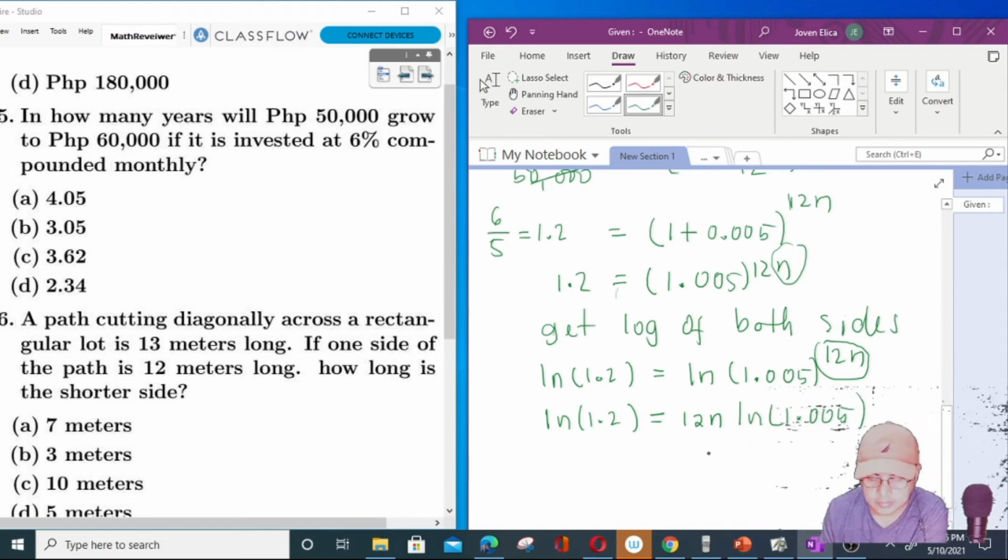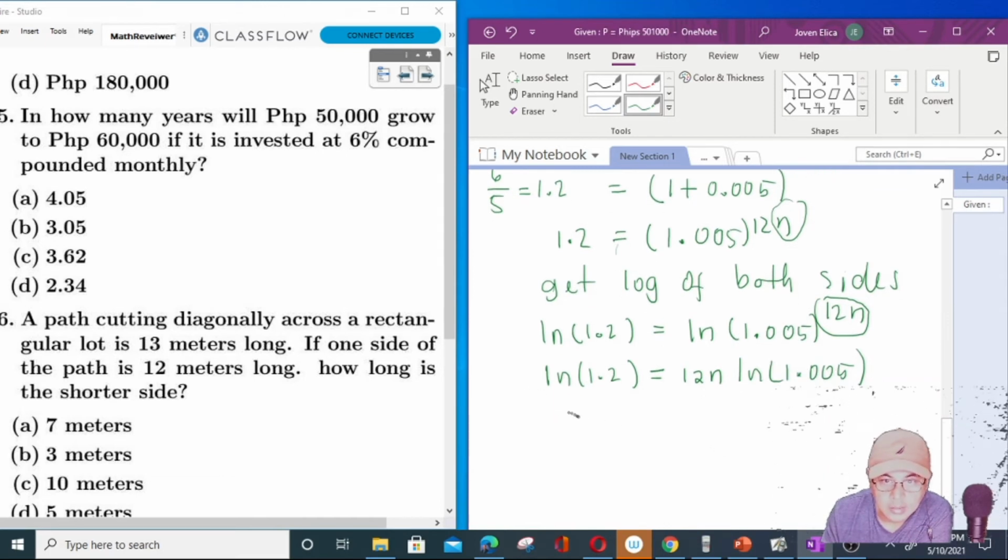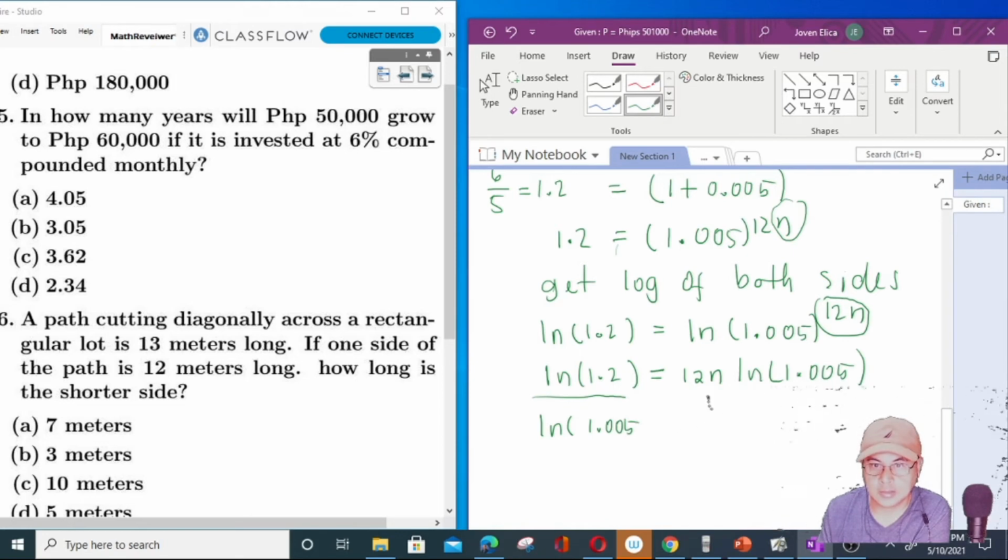Then dividing both sides by ln of 1.005, this will cancel out.